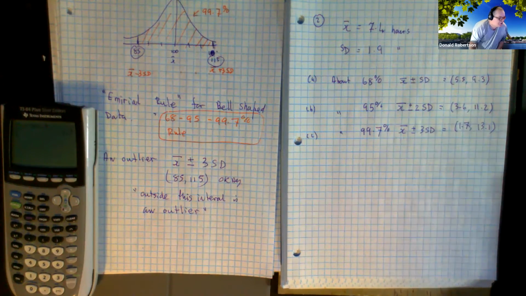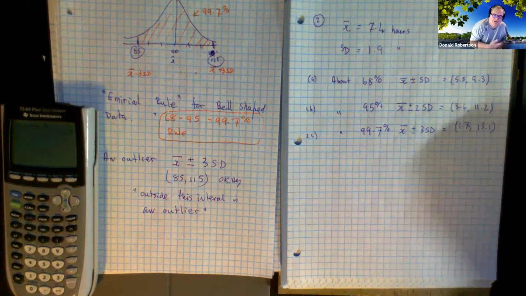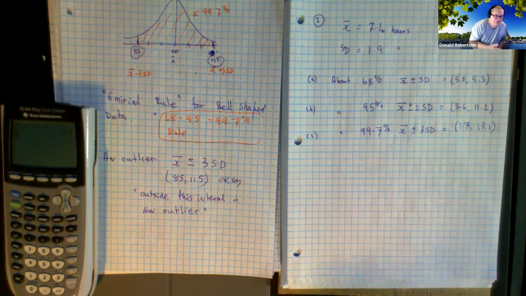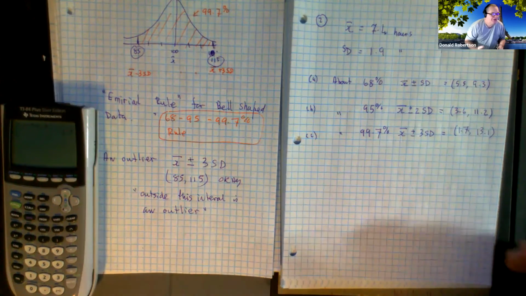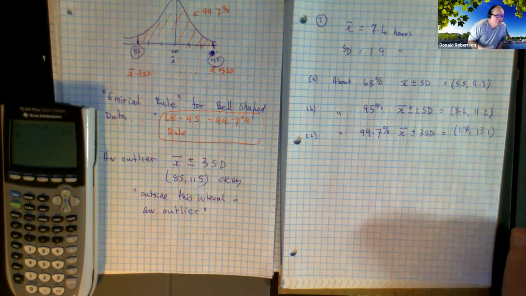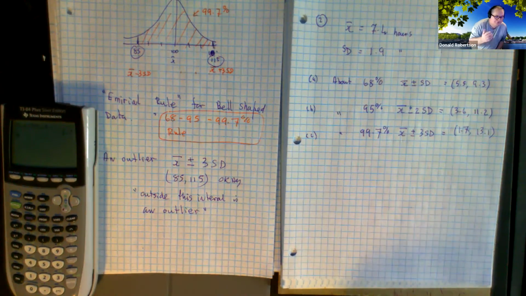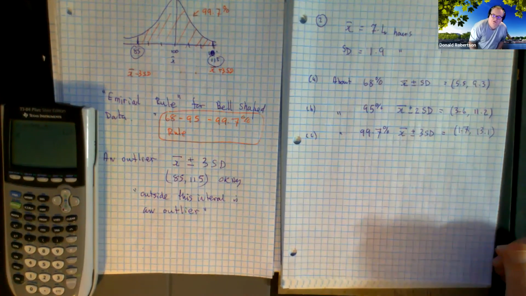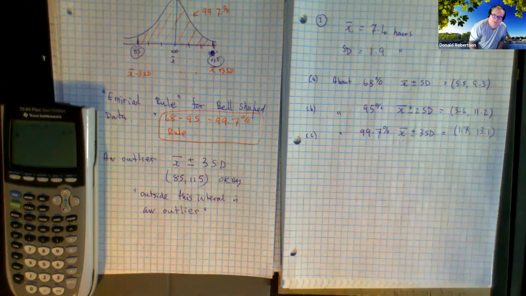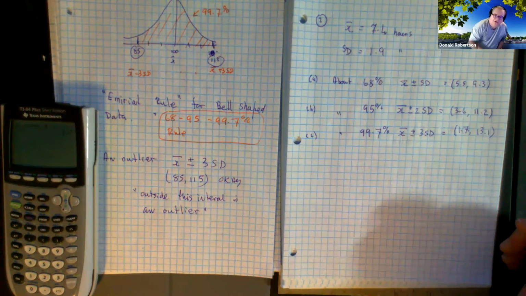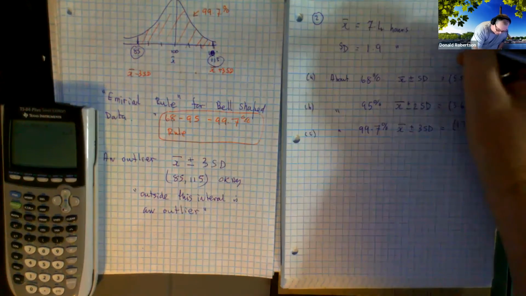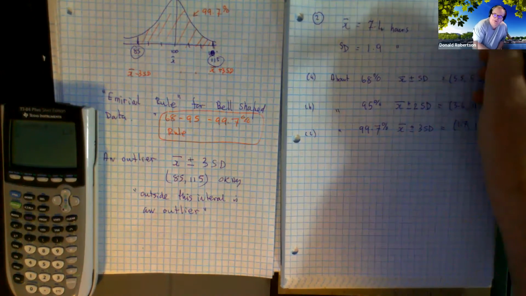So if you were collecting data on anything, let's suppose you're an astronomer and you were collecting data on how big stars are, right? You've got a way of measuring how big they are. And you would collect thousands upon thousands, probably done by computer, weights of stars, masses of stars. And you would be able to calculate this and this, and we would hope that stars have a rough bell shape.